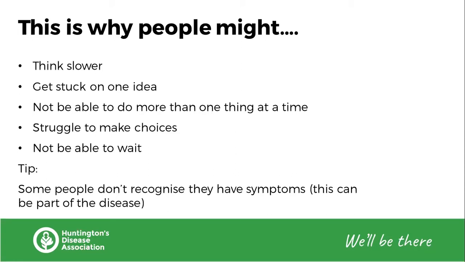In many conditions, that sort of reaction might be seen as a denial and a coping mechanism, which can have a place in Huntington's, but it's often part of the disease. So that bit of the brain that should be saying, yes, something's not quite how it used to be, is actually damaged, and therefore they're not recognizing the symptoms. And that can certainly be a challenge in terms of getting the appropriate support for people.